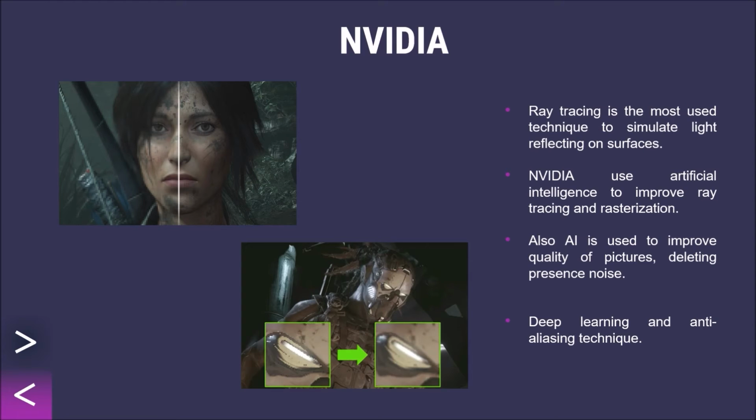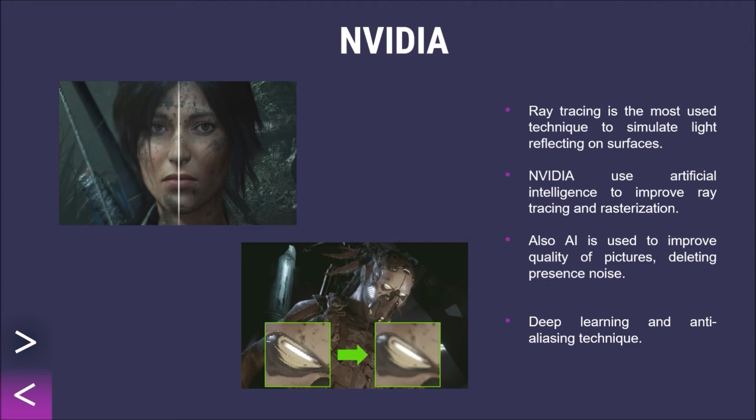Filmmakers and designers use a technique called ray tracing to simulate light reflecting from surfaces in a virtual scene. On the other hand, NVIDIA is using artificial intelligence to improve widely used rendering techniques like ray tracing and rasterization. Also, artificial intelligence is used to denoise the resulting images rendered by using ray tracing.